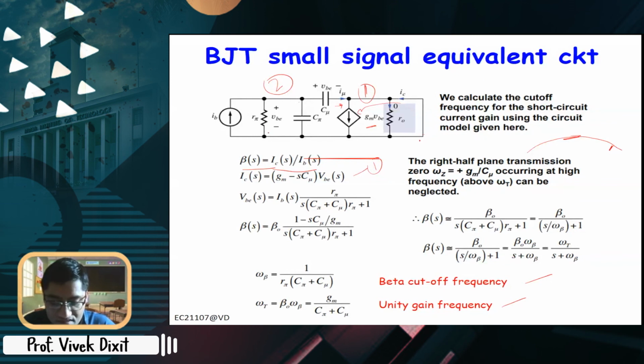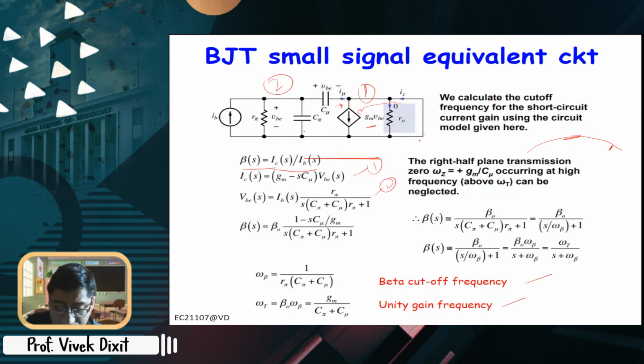If you write the KCL at node 2, you get IB is equal to VB by R pi plus VB times sC pi plus VB times sC mu. So you can write VB is equal to IB R pi divided by (sC pi plus sC mu) times R pi plus 1.